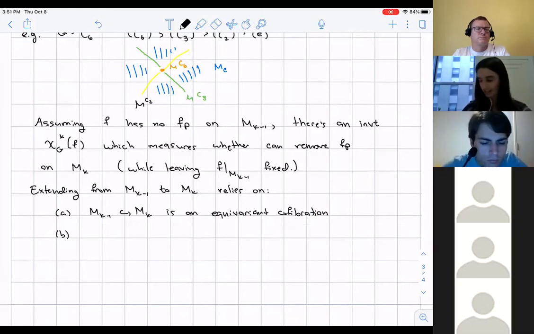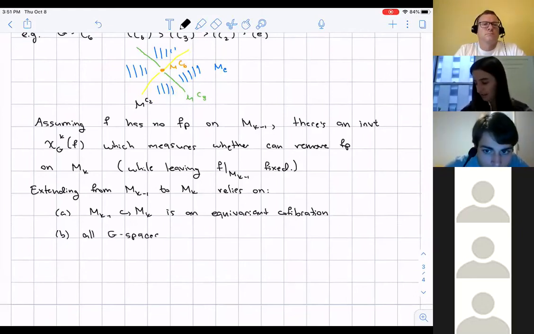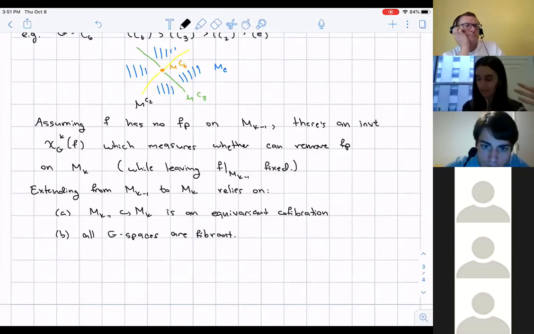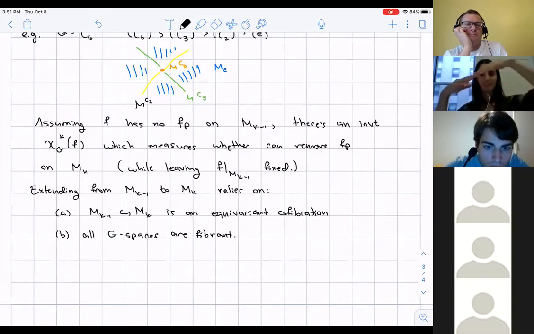And another one is that all G-spaces are fibrant. So these are more basic homotopy theoretic things that it relies on: if you add another one of those fixed manifolds, you get an equivariant cofibration, and all G-spaces are fibrant.